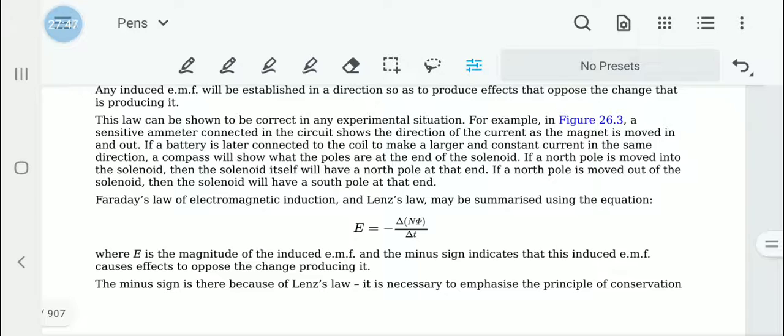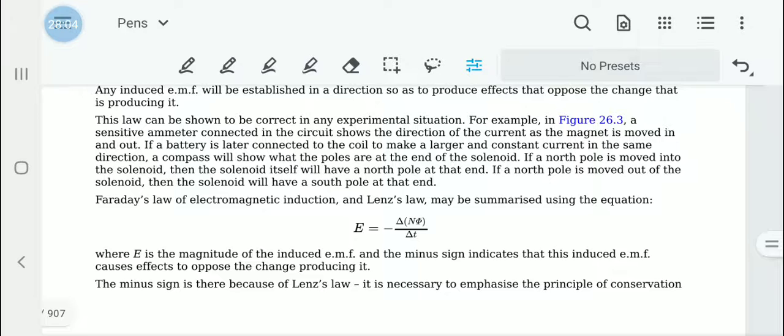Then we summarize the electromagnetic induction using Lenz's law by the equation, by adding a negative sign. E equals negative delta phi upon delta t.